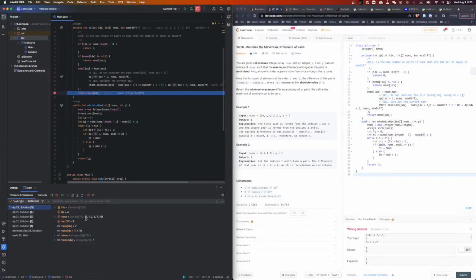Max diff is 5. What's this? Resume program. Max diff is 5. Memo. I want to see memo.